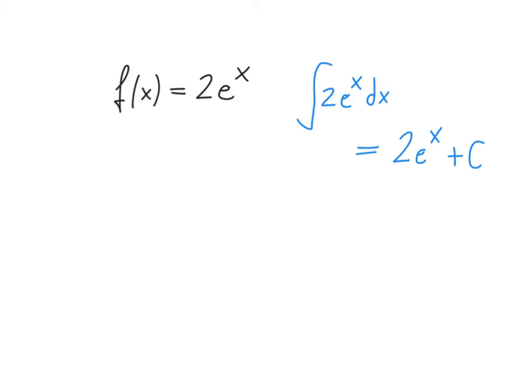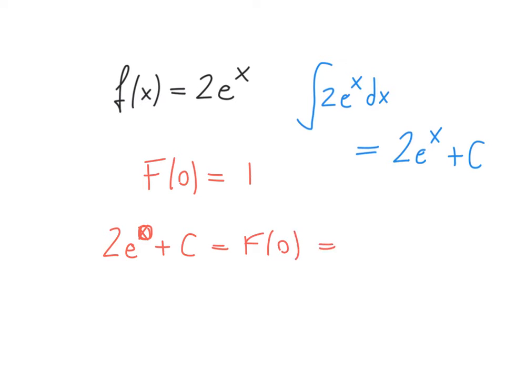So now suppose I give you the extra information that I'm looking for the antiderivative whose value at 0 is, let's say, 1. Then I would know that 2e to the 0 plus c is equal to f of 0, which is equal to 1. Well, e to the 0 is 1, so I would get 2 plus c equals 1.